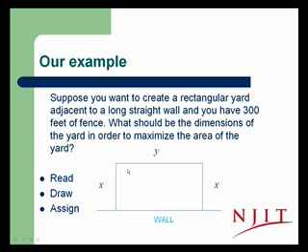I have two of those, and we'll use Y to represent the length of fence parallel to the wall. So first we read the problem, we drew a picture with a wall and a rectangular fence, and we assigned our variables X and Y to denote what we feel will be important physical quantities, these two lengths.